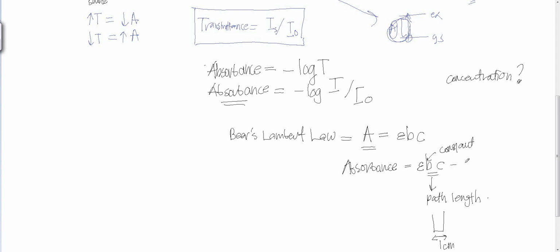C is the concentration. Okay, jadi dekat sini you already have an idea. For example, you have the value of the absorbance, right? Datang daripada absorbance, so you can calculate from the transmittant, sometimes you can get it from the peak dan sebagainya.